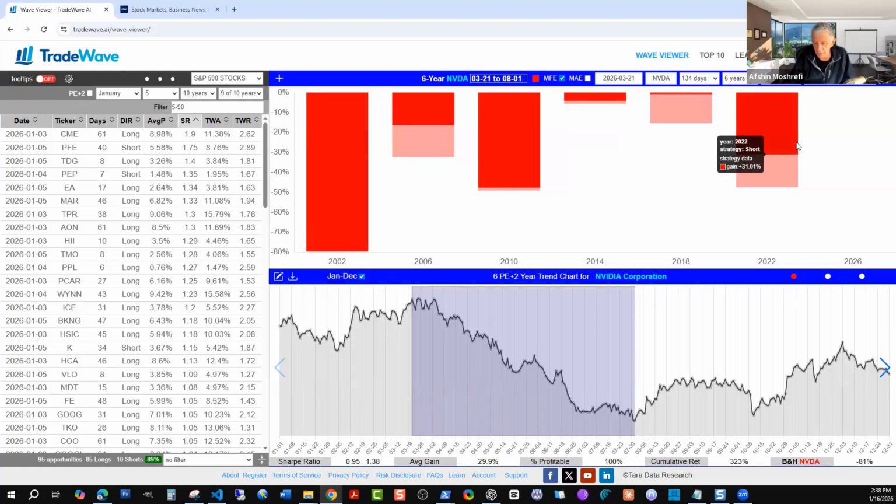In 2022, they were an AI company, exactly what they are today. They dropped 31%. They closed down 31%, but they went all the way another 16%. They dropped half of their value during the date range that we're looking at right now.